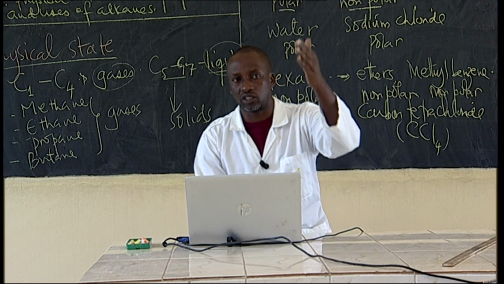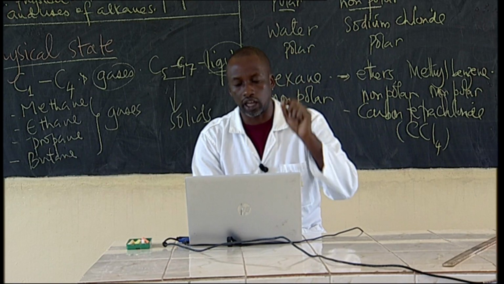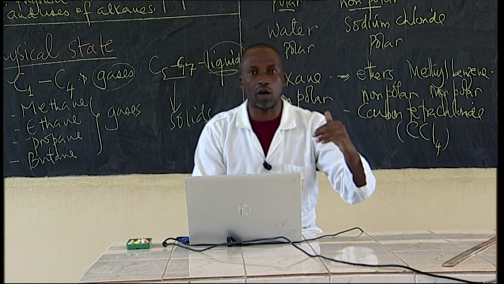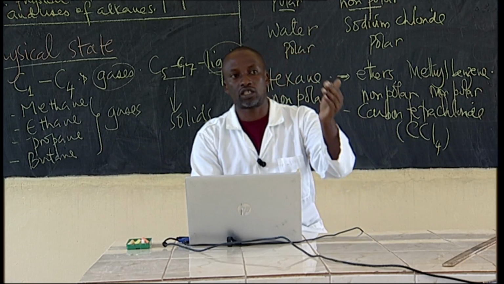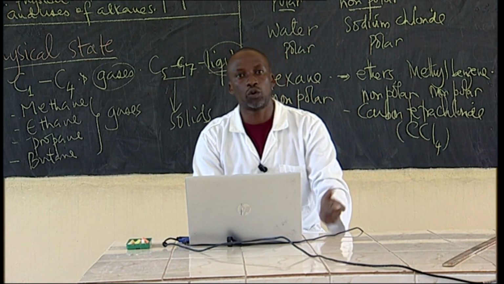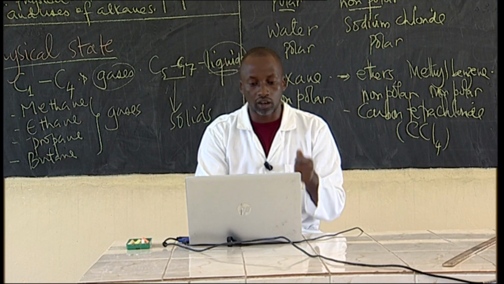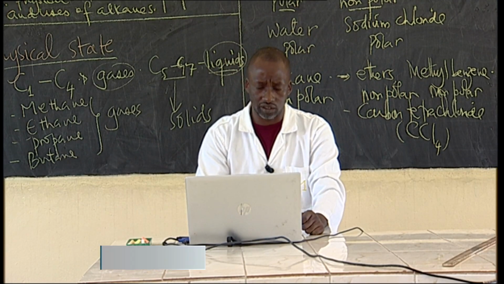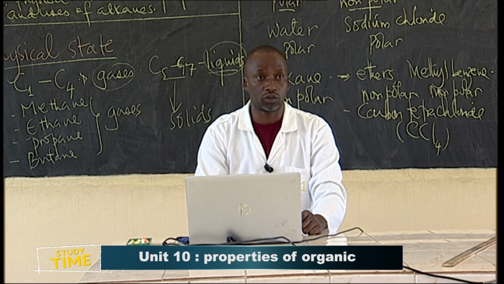That is why you see the density increasing. And we've said the density also follows the number of carbon atoms, which depends on the molecular mass, which in turn depends on the intermolecular forces. So that is the density that we have been talking about.